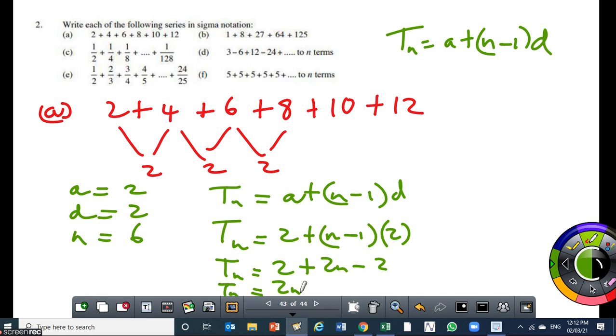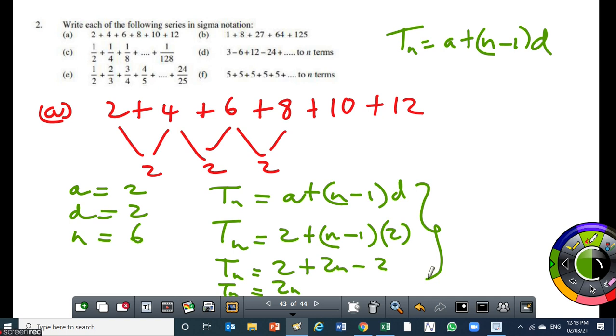So here I had to determine the general term of the terms in the series. The terms form an arithmetic series, which means they are part of an arithmetic sequence. Hence, I can determine the general term of that arithmetic sequence. And to determine the general term, we use the Tn formula. If you want, you can use the one that we were taught in grade 10 and last year. So I now have the general term, right?